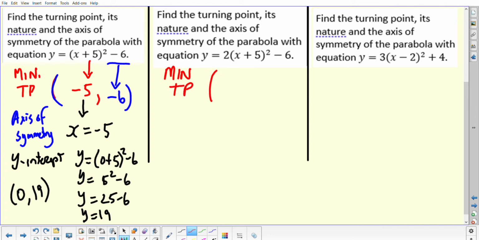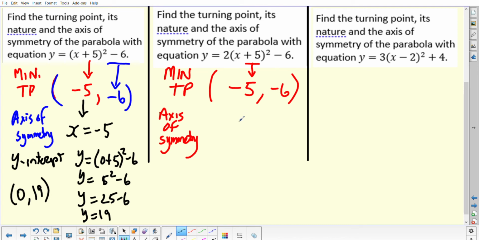The coordinates of the minimum turning point are, even though I've got a 2 here, that just looks the same as the last one, but you'll see in a little minute, we get the same turning point: negative 5, and the last term being negative 6. The axis of symmetry is still the same.